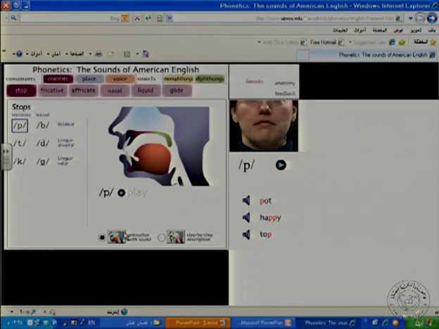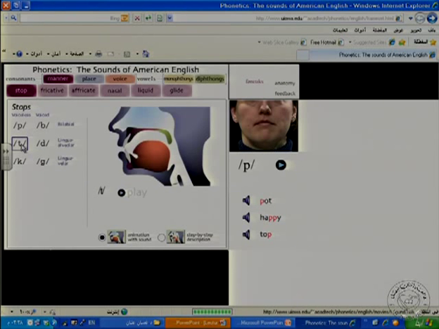Now, let us take one more example. Click on T. Now, play here the sound T. What exactly happens here? The tongue touches, see, the alveolar ridge, and here the velum closes the nasal cavity.